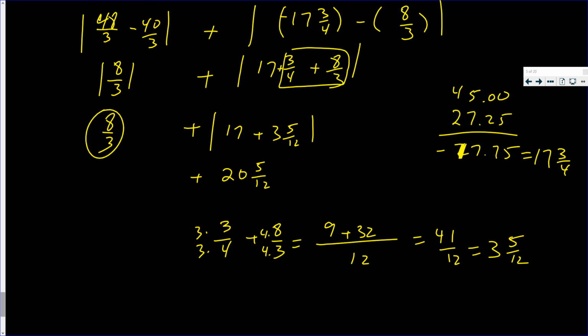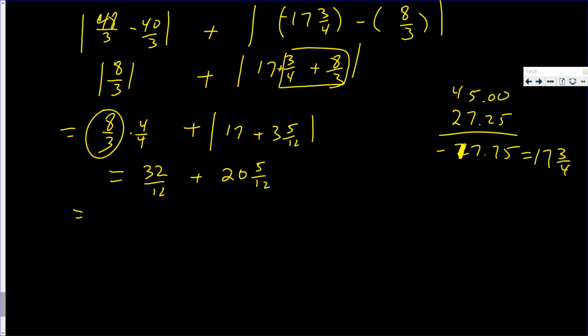Now, 32/12 is 2 and 8/12, plus 20 and 5/12, that's 22 and 13/12, which is 1 and 1/12.